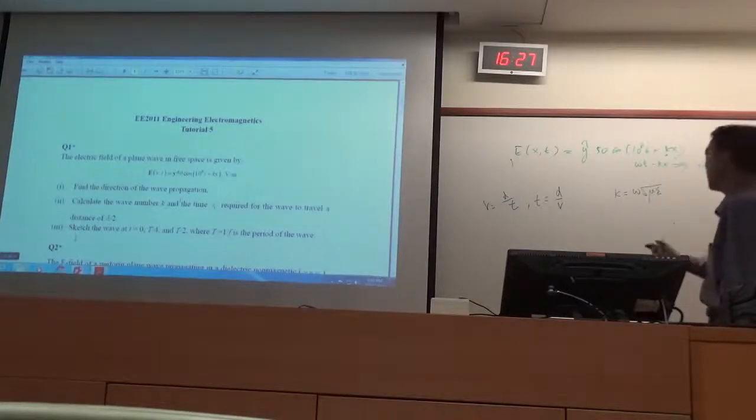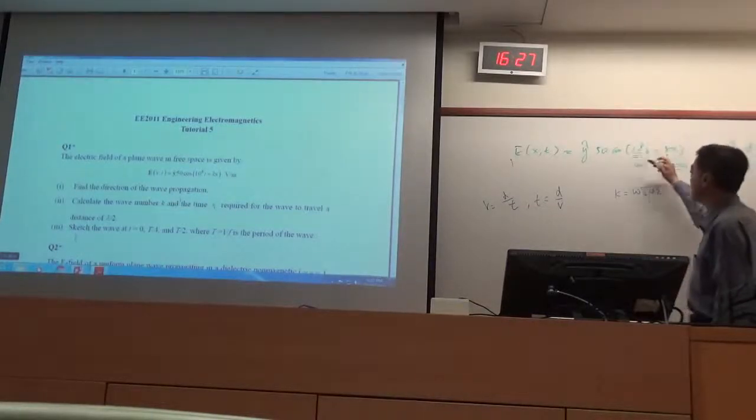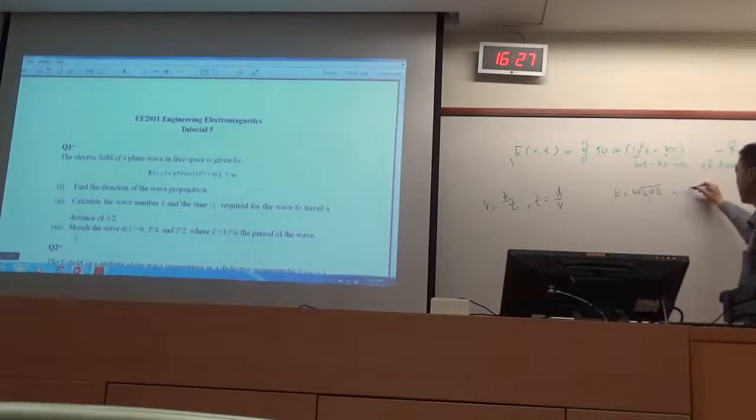Now, what is omega? Omega is here 10 to the power of 8. What is square root of mu epsilon? Since it is free space, it is mu naught epsilon naught. And what is square root of mu naught epsilon naught? It is equal to 3 times 10 to the power of 8.